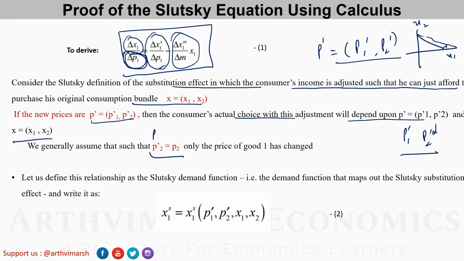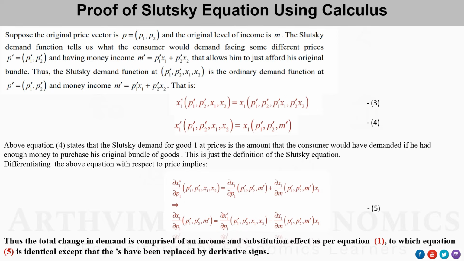Now let us define this relationship in terms of the demand function, which is given as the substitution effect. That is a function of the prices and the commodities x1 and x2. Now suppose that the original price vector is (P1, P2).